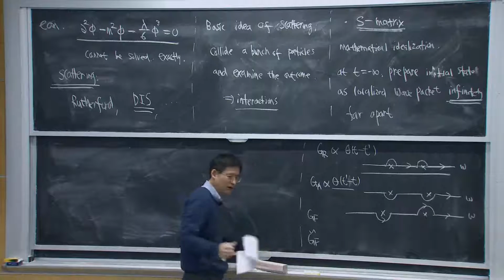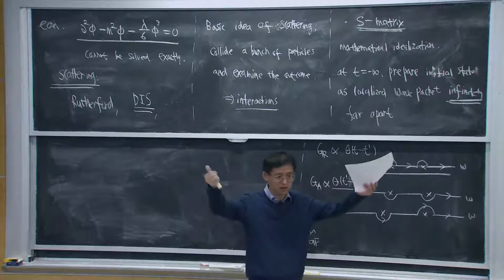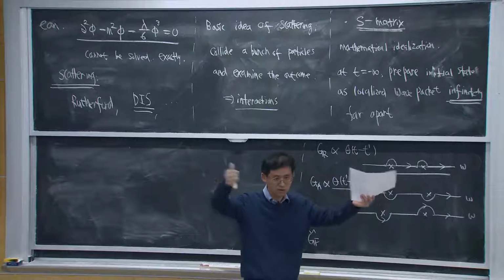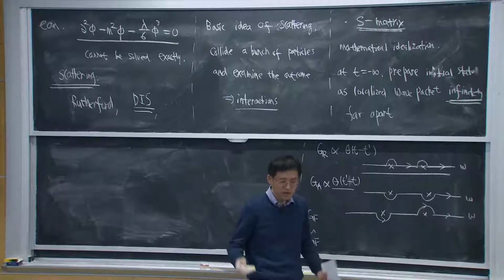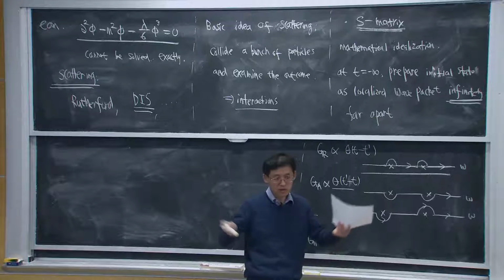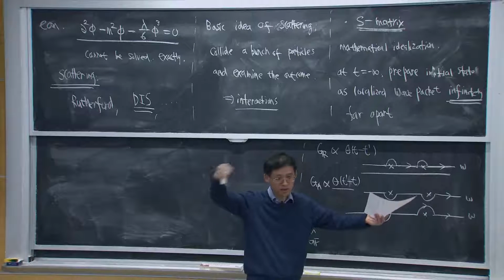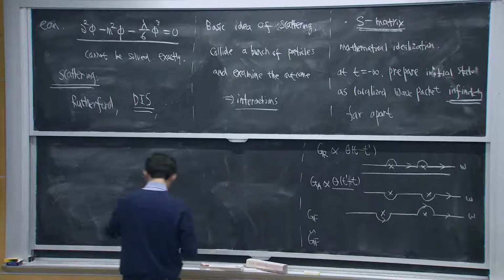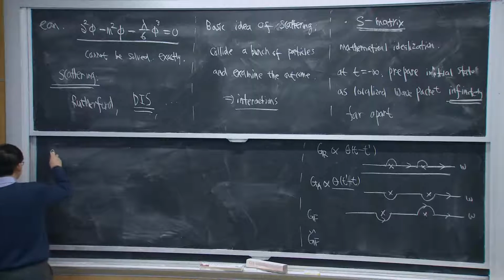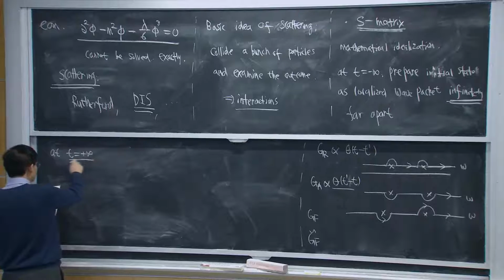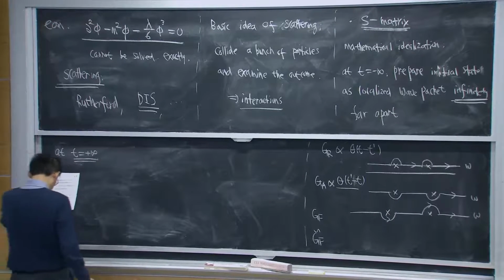And then the final product will run away from each other. They all have momentum, they will run away. And then you just wait until those products are far apart, then you measure them. Mathematically this is t equal to infinity. Of course, t equal to plus minus infinity is also a mathematical idealization.